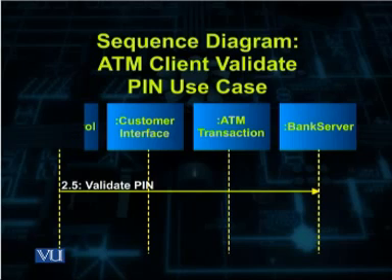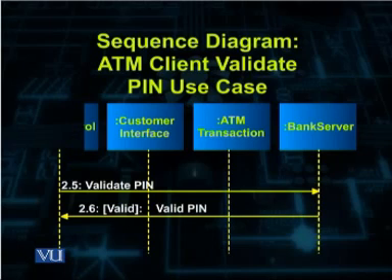That's exactly what happens as the bank server provides us with a valid PIN message, and this message is received by our control object we are talking about for the validate PIN use case.